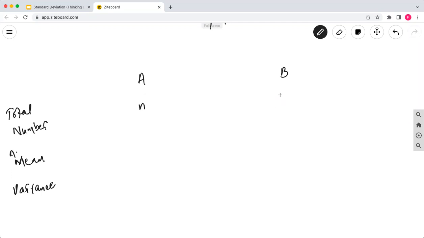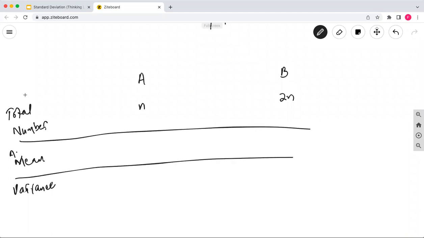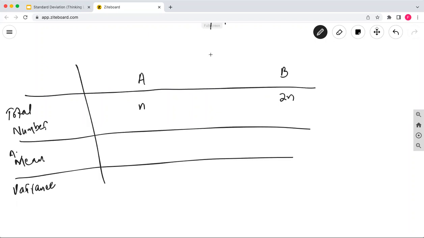In data set B, we have 2n values. And the arithmetic mean is the same in both of the scenarios. Let's call that M. And the variance is different.